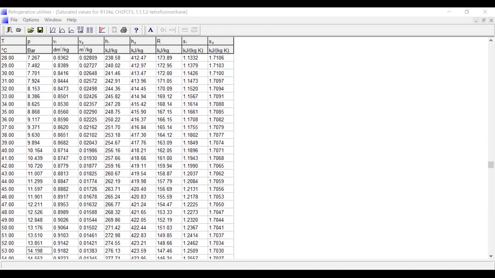So here, we are taking the liquid only, because vapor comes and passes through here with no flash. So here we check only the liquid.